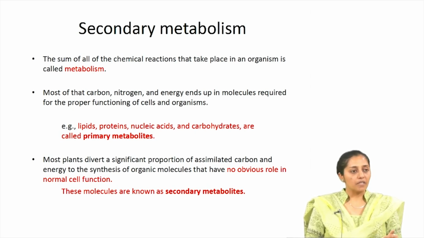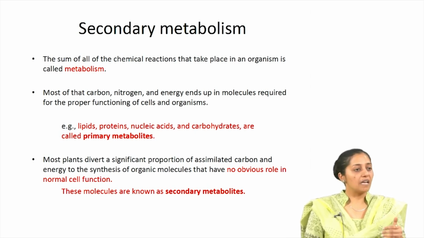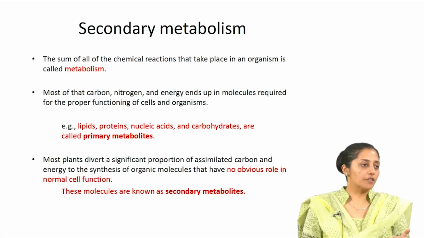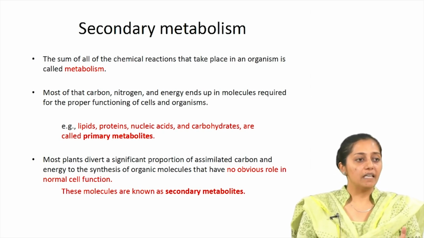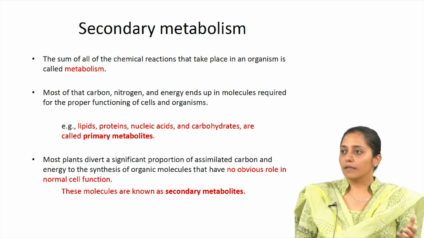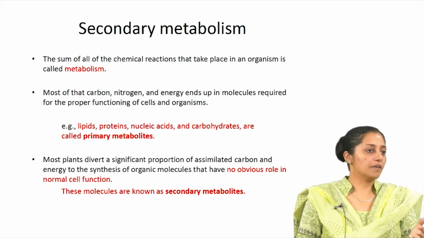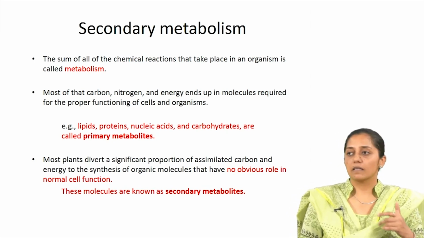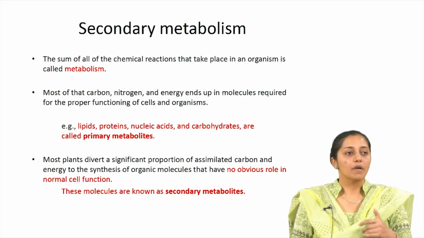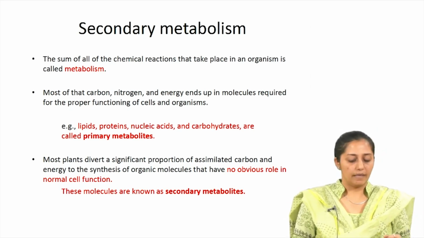Now, some of the carbon and energy is also utilized for specialized functions, which deal with more organized function and differentiation in plants, which deals with its survival in nature for competition or defense.